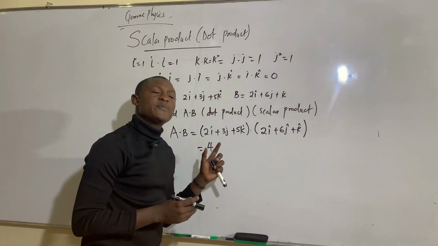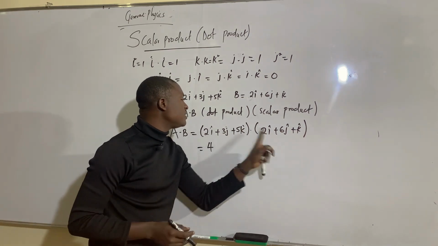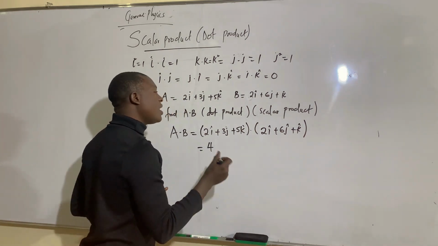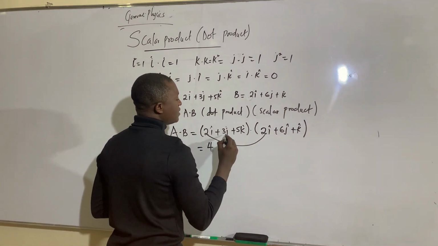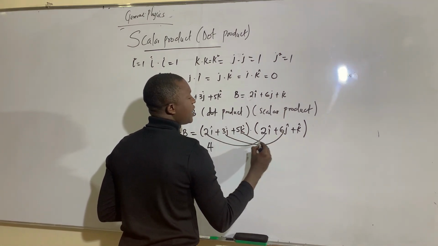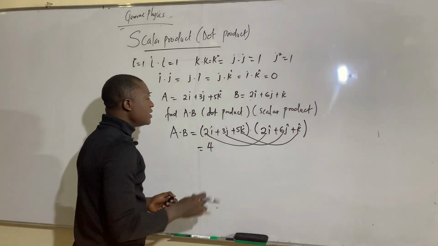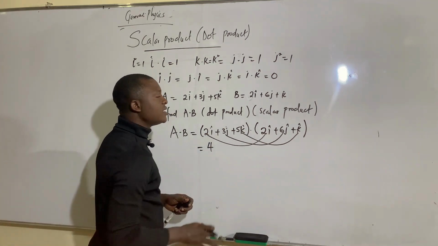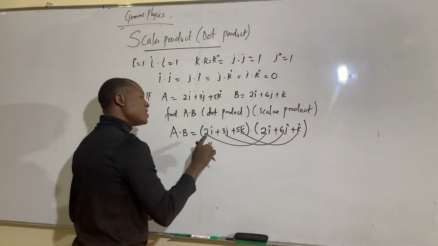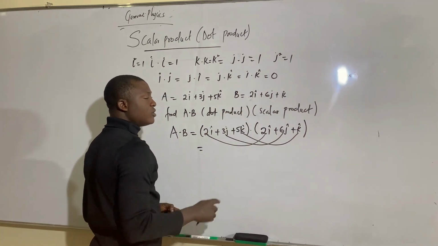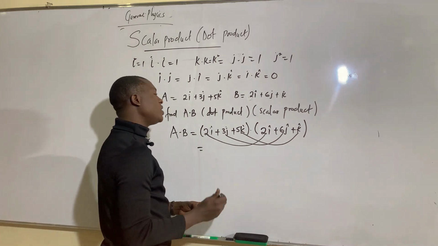So I don't need to expand by multiplying every term with every term. That is a waste of time. Just match the ones that have the same direction together: i for i, j for j, k for k. Because i dot i is 1, j dot j is 1, k dot k is 1. But if I say i dot j, do you remember, i dot j is going to be 0. So I'll just multiply the ones that have the same direction together.